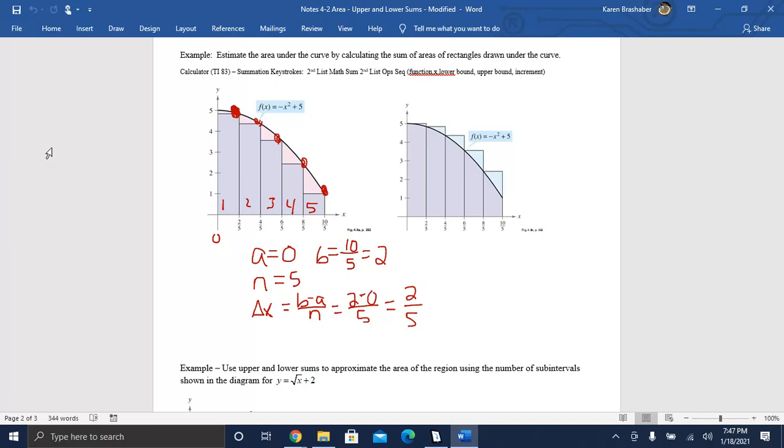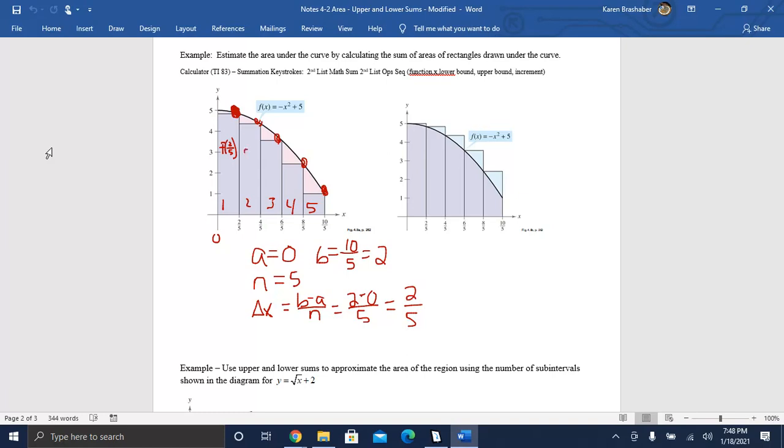And that y value could be found by doing f of 2/5. So the height of this first rectangle is f of 2/5. And I could plug 2/5 into my original problem, do negative 2/5 squared, add 5, and I would know how tall that first rectangle is.